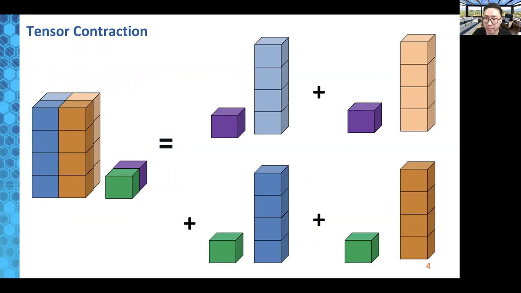Here is an example of a tensor contraction. We have a three-order tensor and a vector performing the K-mode product. The idea is exactly the same as the previous matrix product, and it's straightforward.